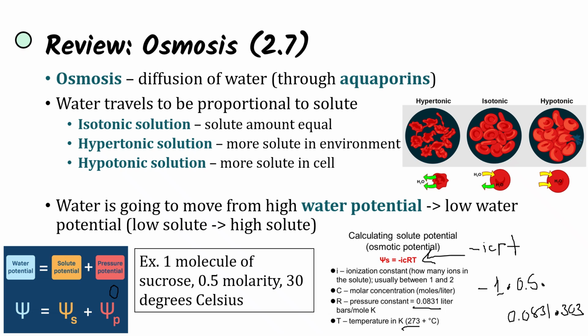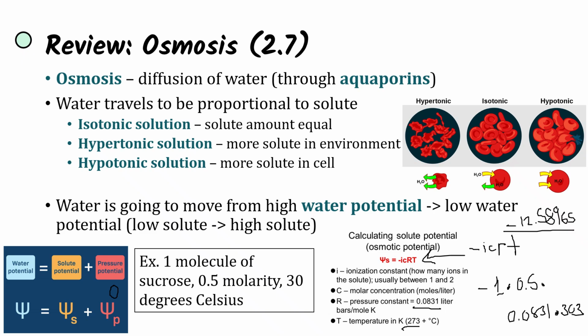That should give us a total solute potential of negative 12.58965, and so forth. You round to however many digits the problem asks for, and you've got yourself your solute and your water potential.